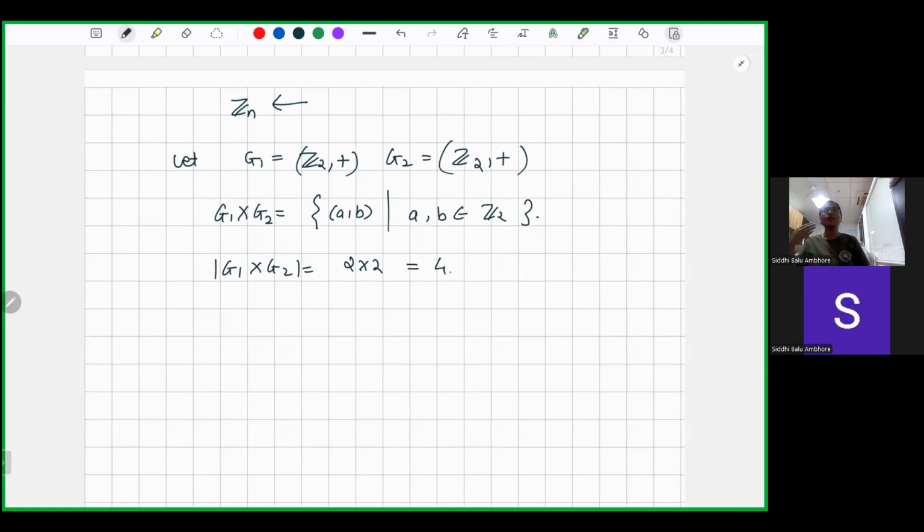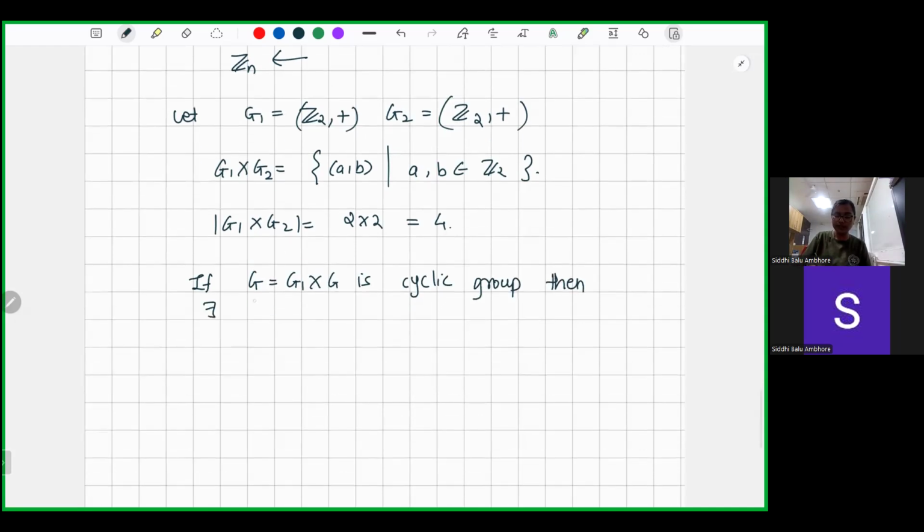So if I want to say that this G1 cross G2, this new G, is a cyclic group, then there exists an element X in G such that the order of X is 4, right?